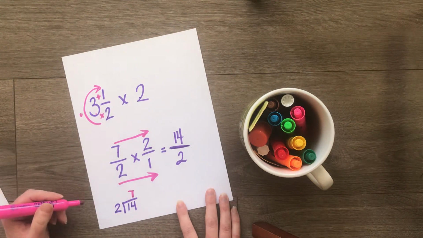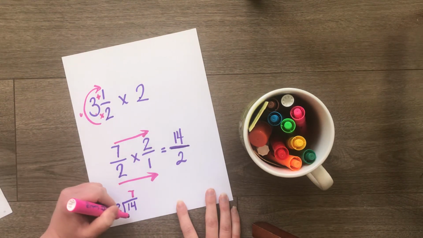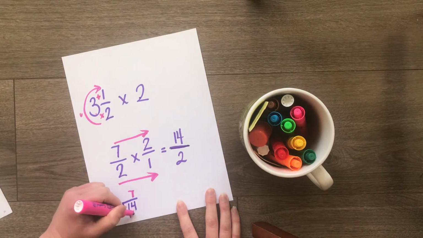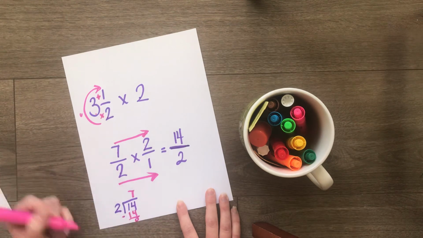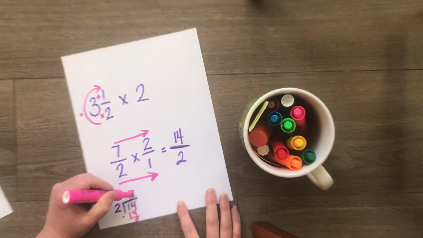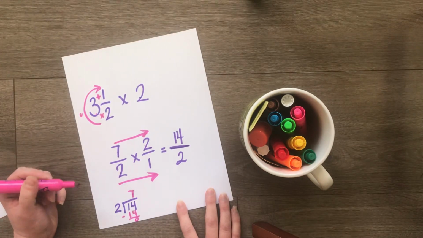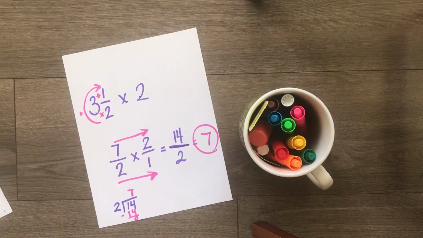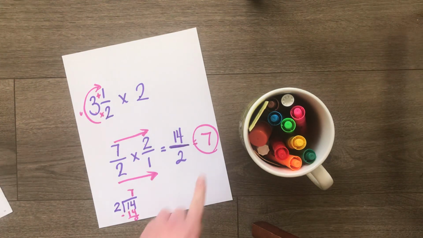Can count by 2's 7 times. Let's see if I have any leftovers. Counting by 2 7 times is 14. Do I have any leftovers? Oh, I don't. So my mixed number is actually not a mixed number at all. It's actually a whole number. 14 halves is actually equal to 7.